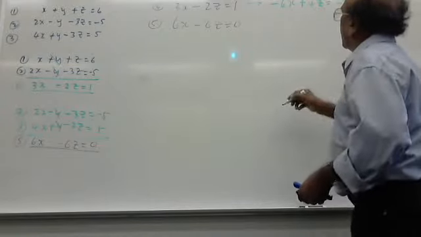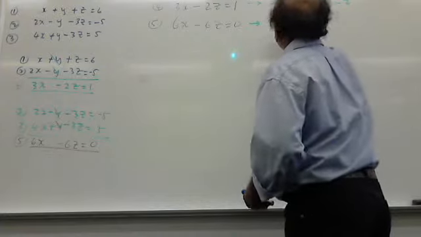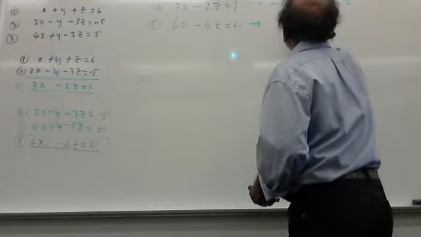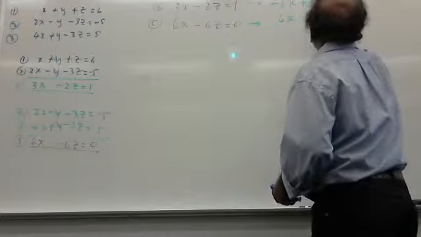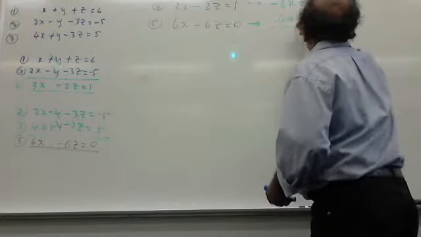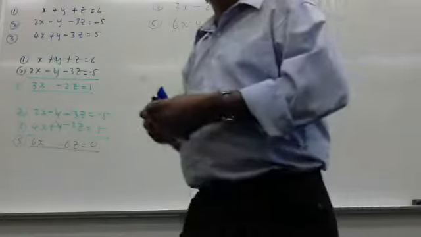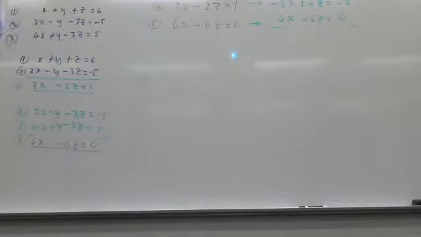All right. And this one here, we rewrite it as it is. It's going to be 6x minus 6z equal to 0. And then we'll go ahead and add. All right. Are we all on the same page here?